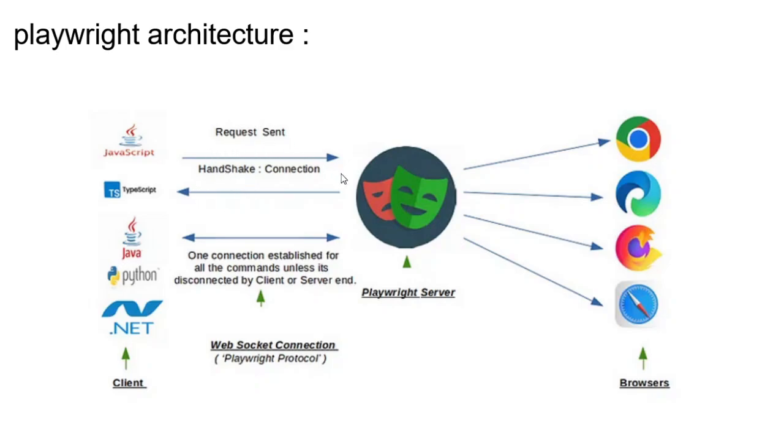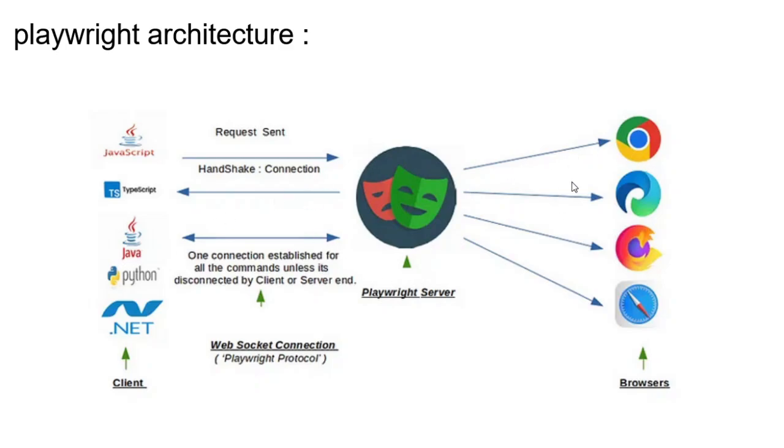After that, requests and responses are sent in parallel between the client and the Playwright server, for all the commands, unless it's disconnected by the client or server end. That is the Playwright protocol, or we can say the WebSocket connection, which acts as the transport layer between the Playwright server and client.